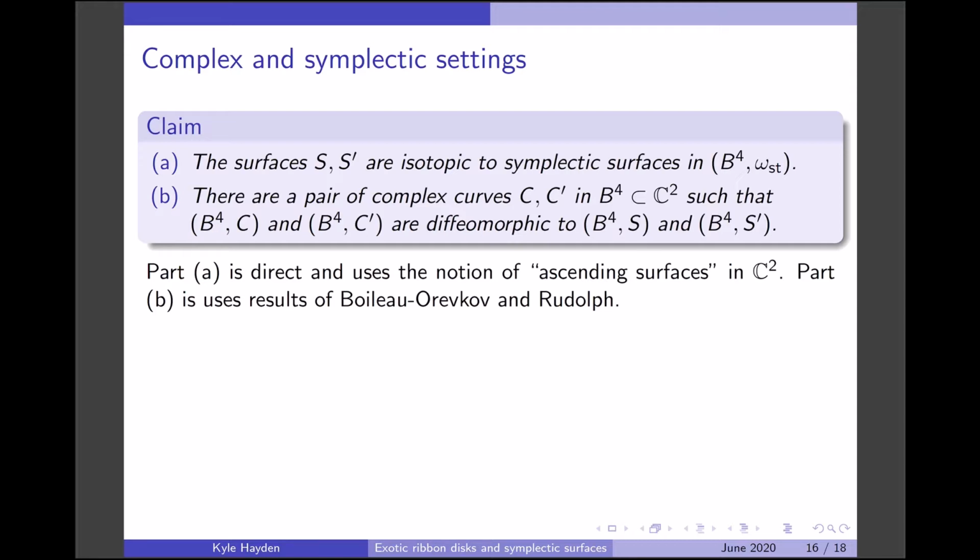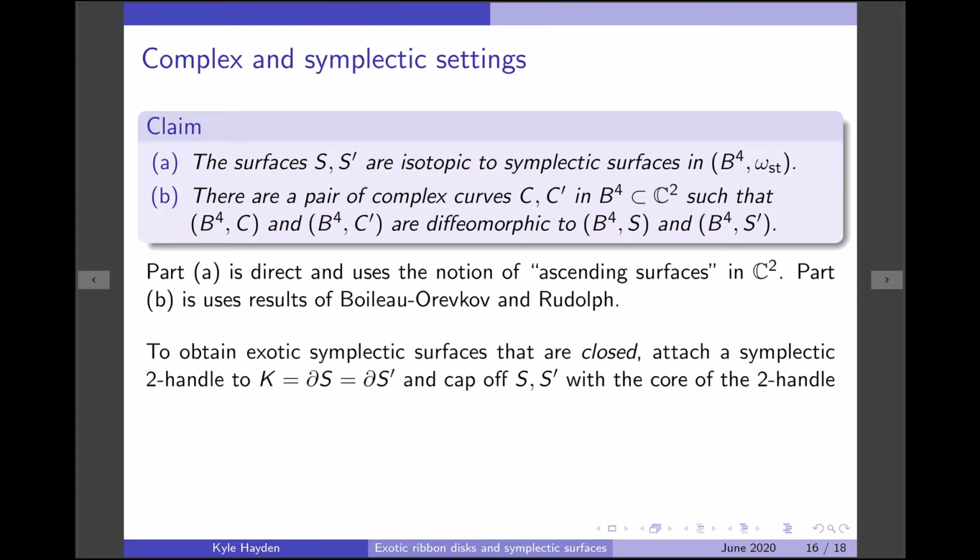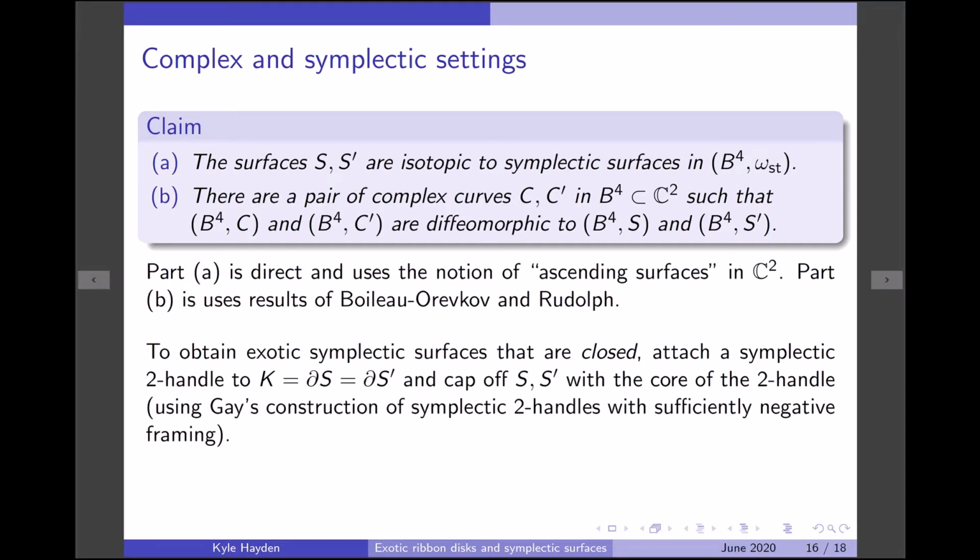Now, we also really want to get exotic surfaces that are symplectic and closed. So to do this, we can take the symplectic surfaces produced in the four-ball by the claim above, and since they have the same boundary, we can attach a two-handle to the knot K formed by their boundary, and for sufficiently negative framings, we can use the construction of Gay to realize these as symplectic two-handles.